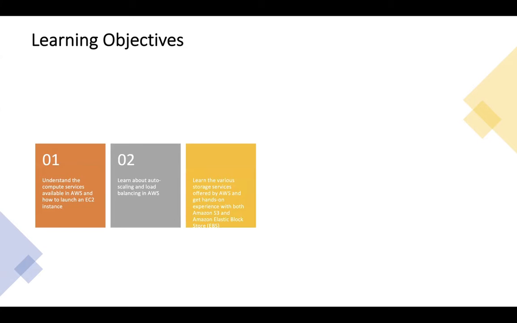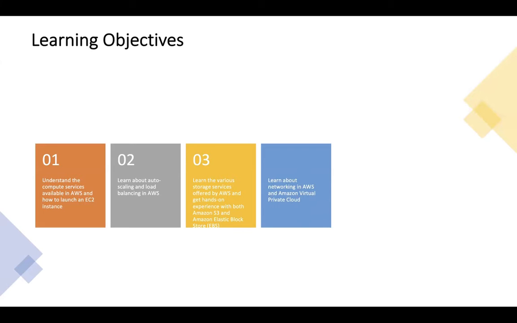Next, we will discuss the storage offered by AWS and all the storage options that we have right now in AWS. We'll also discuss Amazon S3 as well as Elastic Block Storage, EBS.